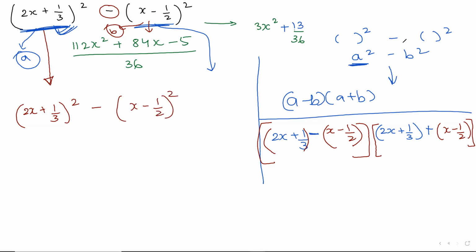So what I like to do is I'll say this is my A and this is my B, and then I will write this thing down. Okay. All right. Now it's going to be pretty straightforward from here onwards.